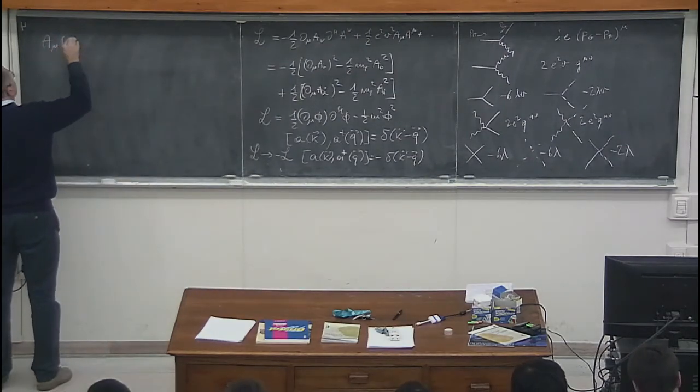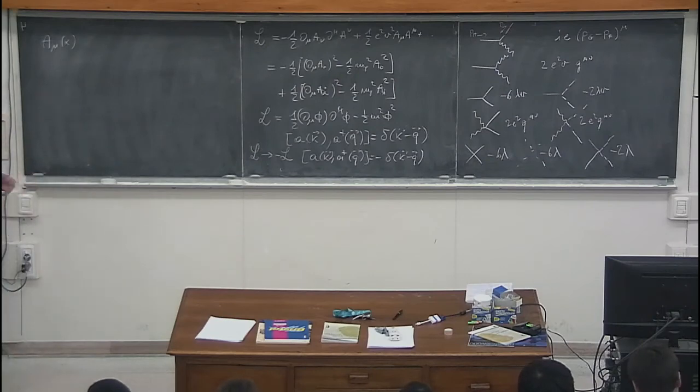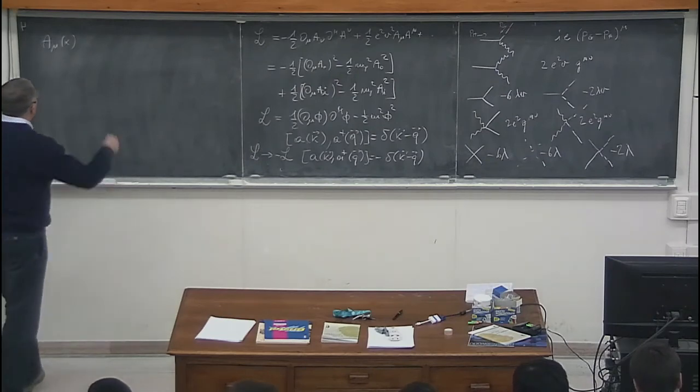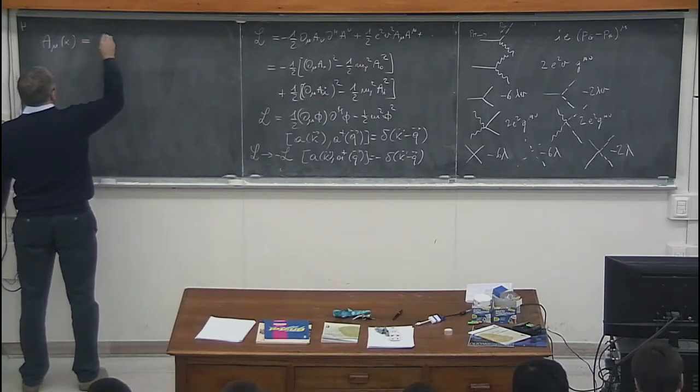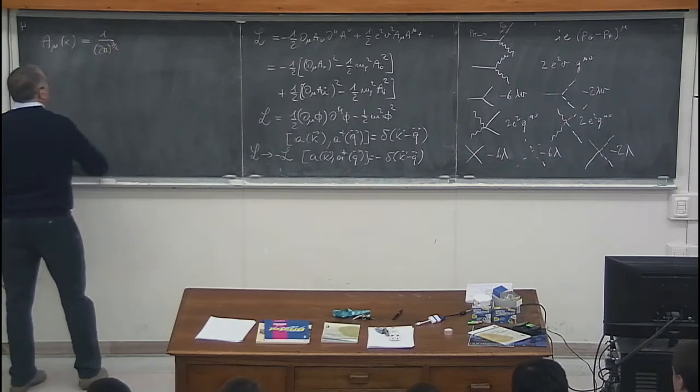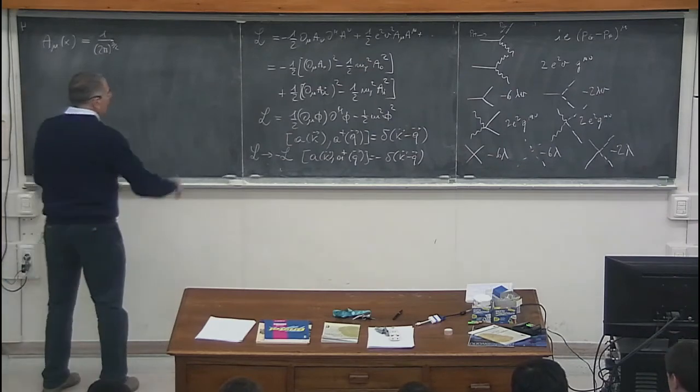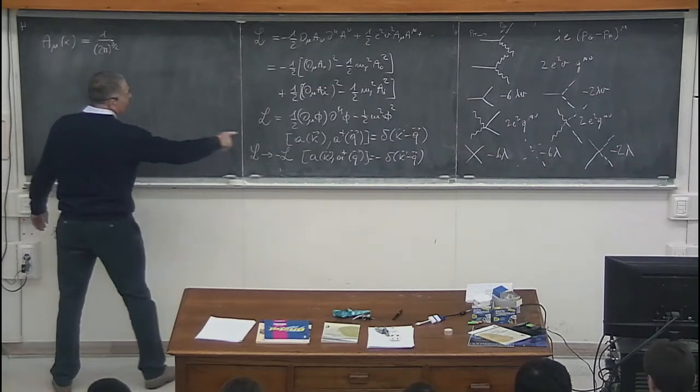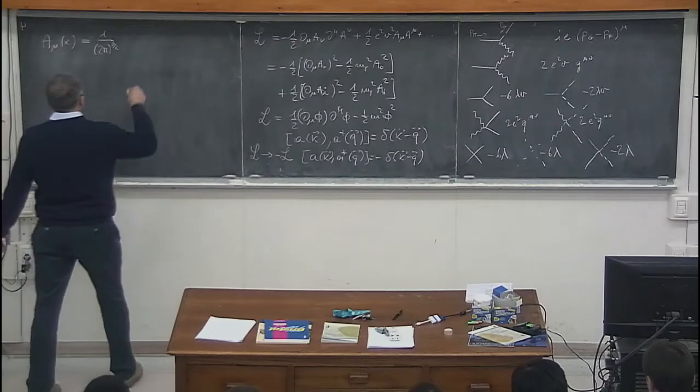A mu of x, I can do it by mimicking the free field solution of a scalar field, which I write like this: 1 over (2 pi) to the power 3 halves. This is conventional to get some given normalization of the commutation relations.